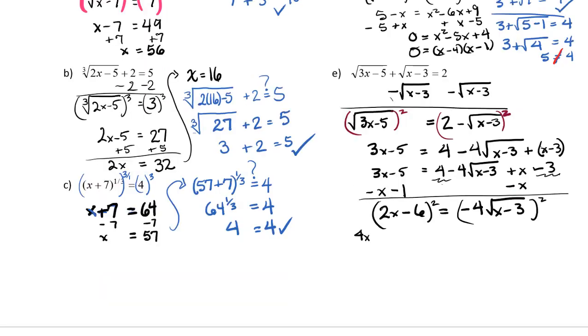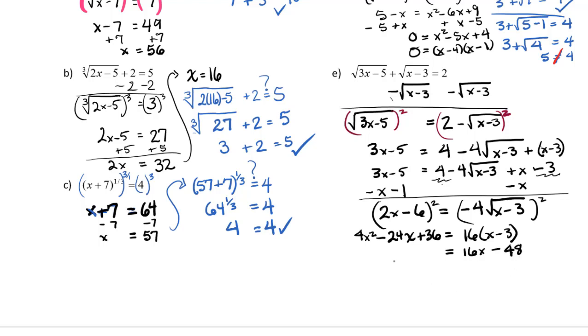4x squared minus 24x plus 36 is equal to 16 times x minus 3. Distributing, I'll have 16x minus 48.